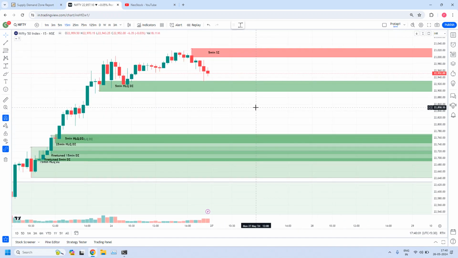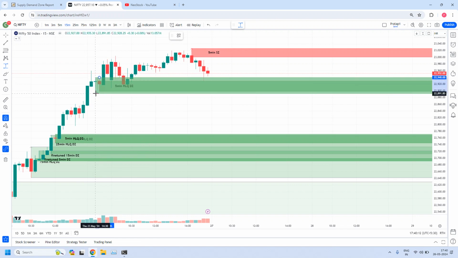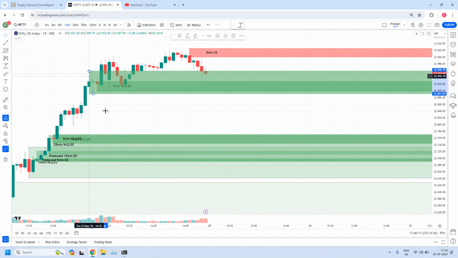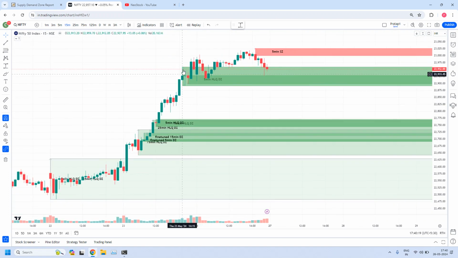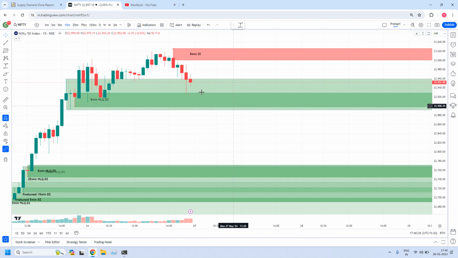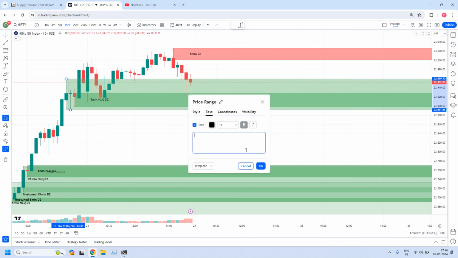Changing the time frame. This is 14 hours. Yes, this is a zone confluence. This 5 minutes high liquidity demand zone is a part of this 15 minute zone. Actually, this is the 15 minute zone. Let me change the color, make it a light color. This is just the immediately available 15 minutes demand zone.